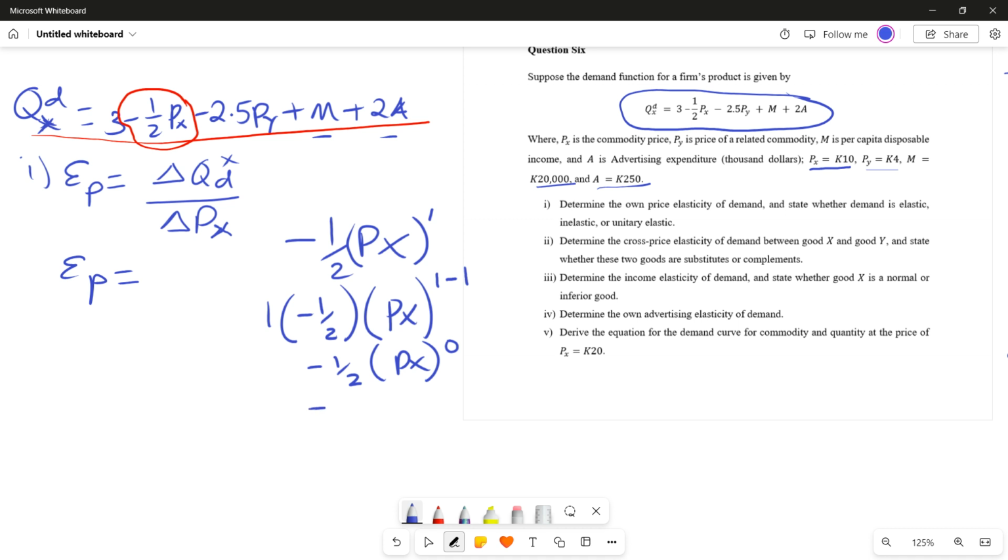So this is like saying negative half times 1, which is negative half. So therefore, the price elasticity of demand in this case is just minus half.